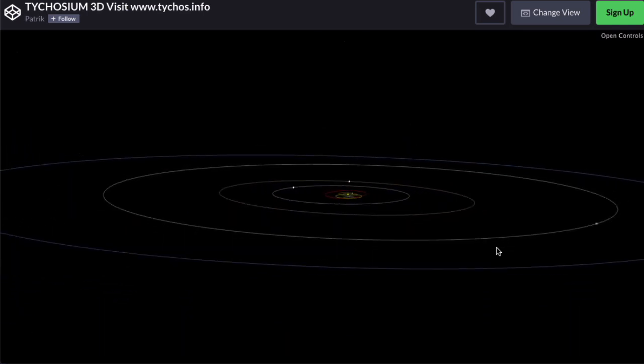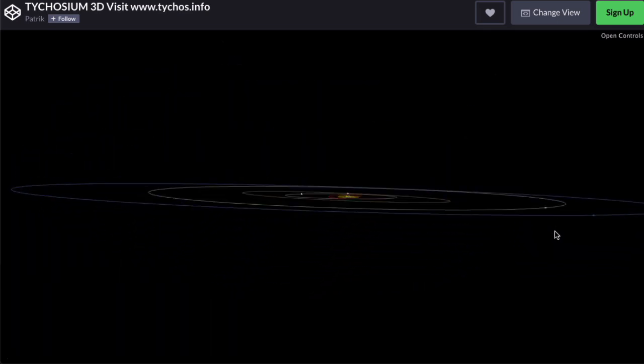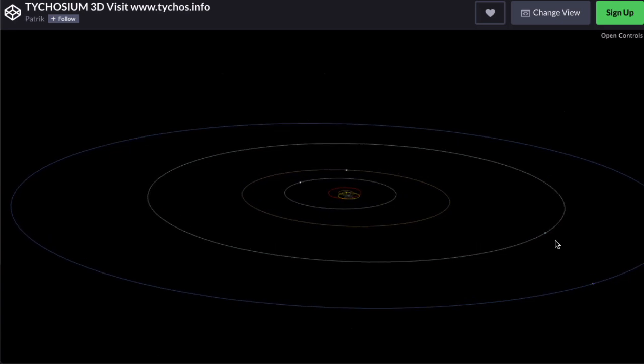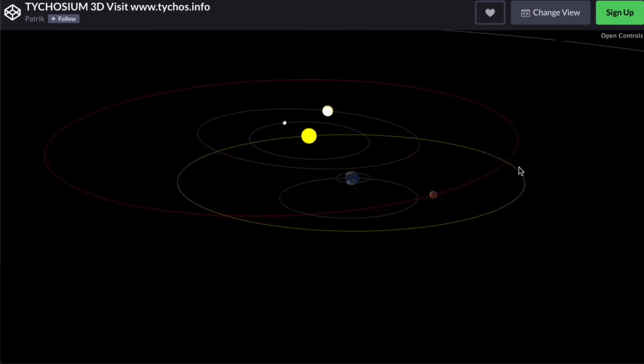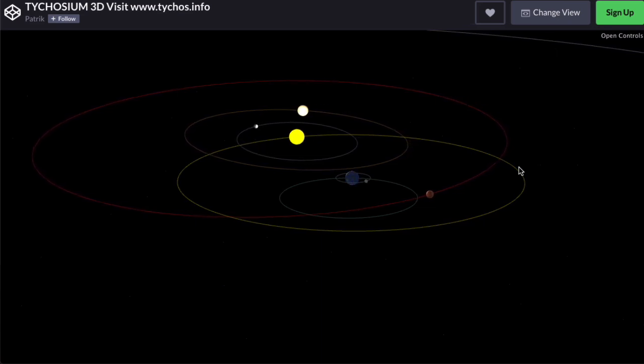So in that way, we have geometrically proven the Tychos using this model, and that is something that has never been done with the Copernican model, because if you have a heliocentric orrery with the sun in the middle, you will never be able to make it work geometrically in relation to the stars.